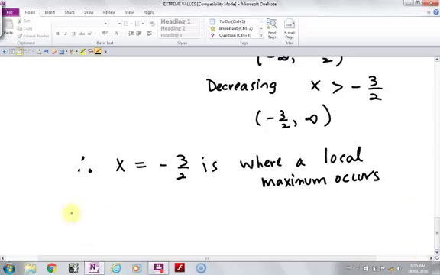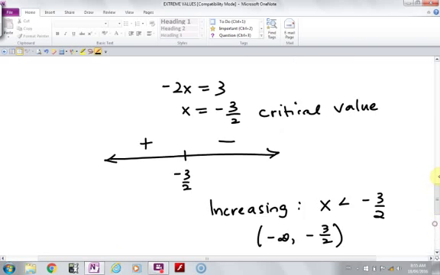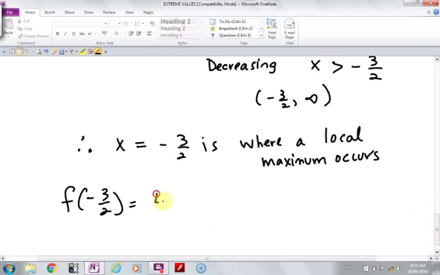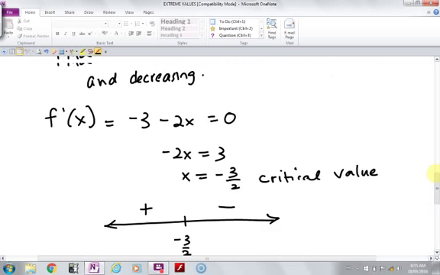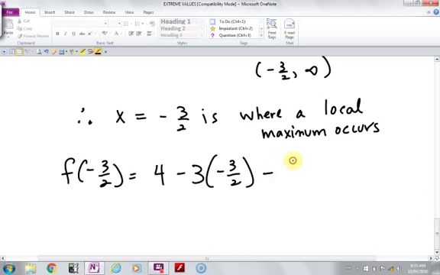So we would want to know what is f of negative 3/2. So that was 4 minus 3 times negative 3/2 minus negative 3/2 squared. So we would have 4 plus 9/2 minus 9/4.